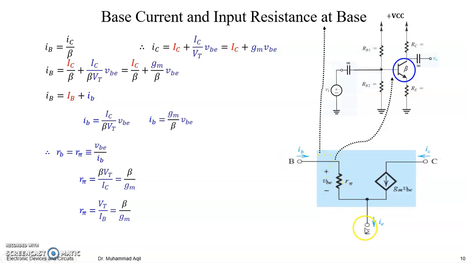Although it is in between base and emitter, it is not here at the emitter side, it is here at the base side. So whenever you are modeling the transistor with a small signal model but looking into the base, at base you have a resistor, right, instead of emitter. We will see how we can also model the transistor by looking into the emitter.